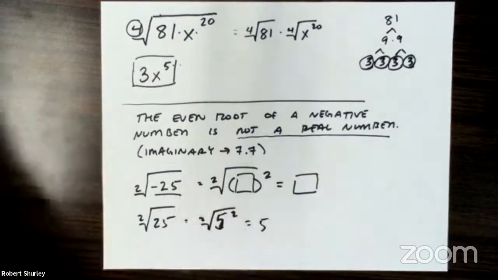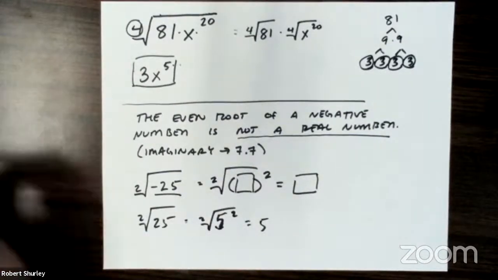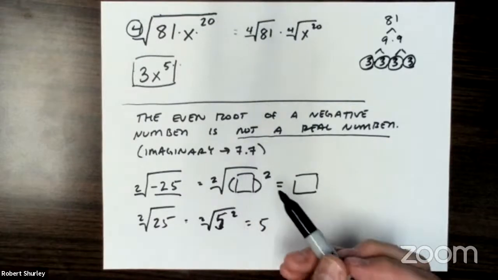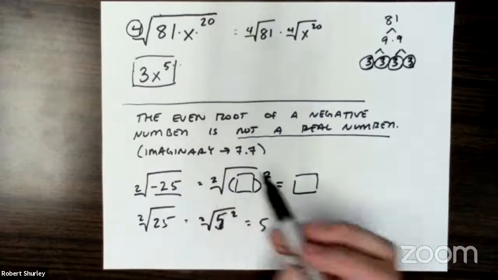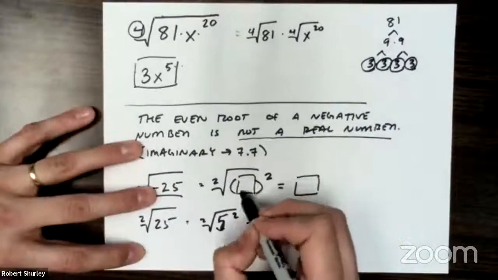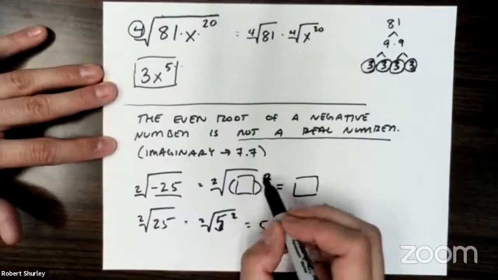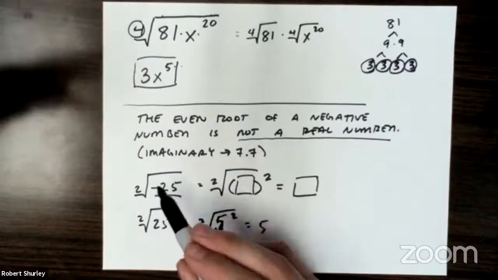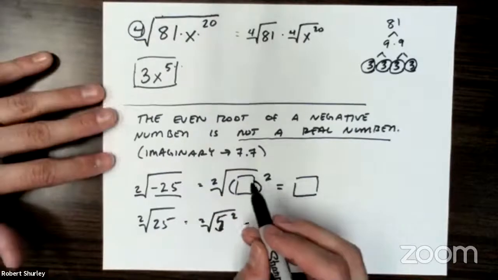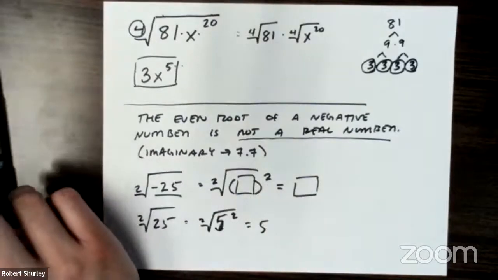Well, we have a glitch here if it's negative, because whenever you square any number, it turns out to be positive. It can't be negative. So there's not a number we can put in there that would give us back a negative, definitely not negative 25, but any negative.